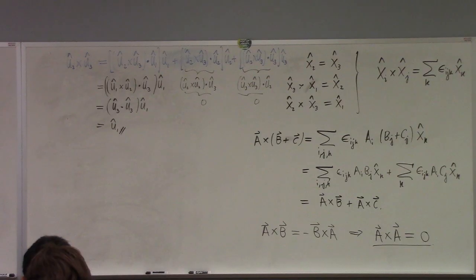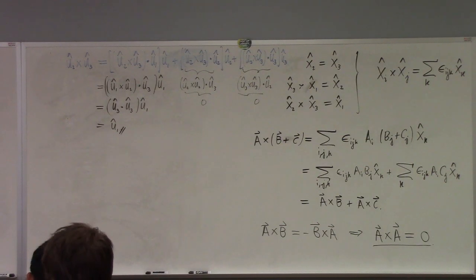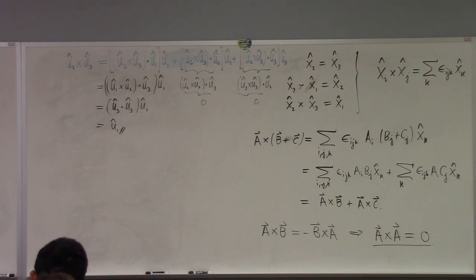The cross product goes to the Levi-Civita. So here we go. Sum over i, j, k, epsilon i j k, partial i f j, x hat k. That's the curl in this notation, right? So, yeah, question? No?